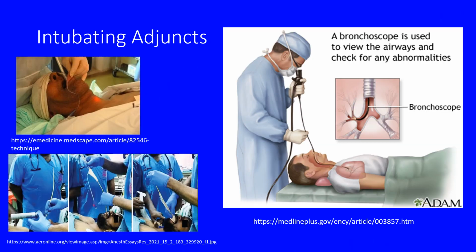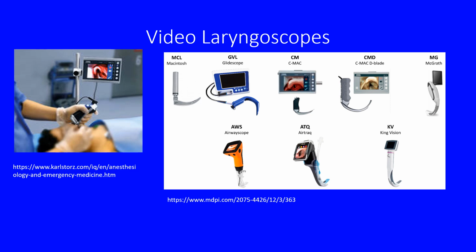There are also flexible fiber optic scopes and stylets that can serve the same purpose. Video laryngoscopes such as C-MAC, GlideScope, and McGrath scopes can be used as an alternative to direct laryngoscopy in situations where you might expect the airway to be difficult or if there is cervical instability.